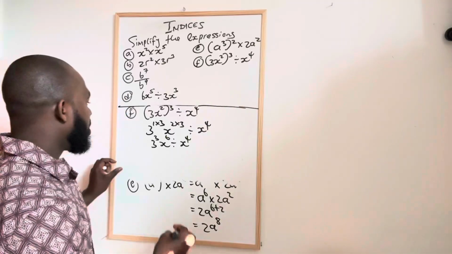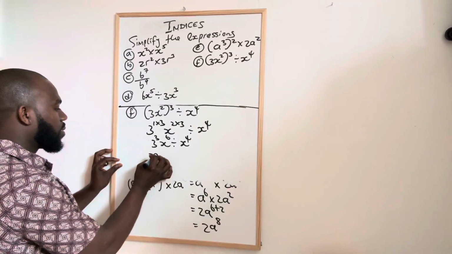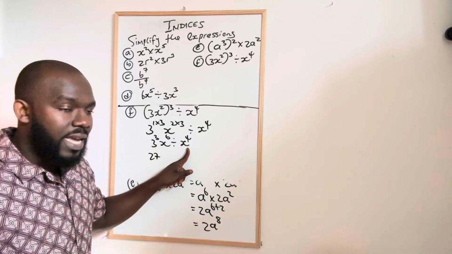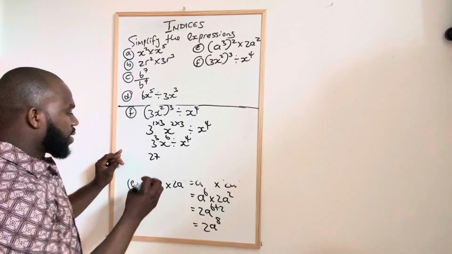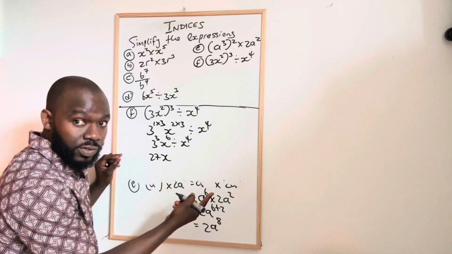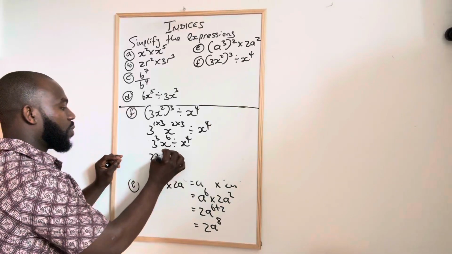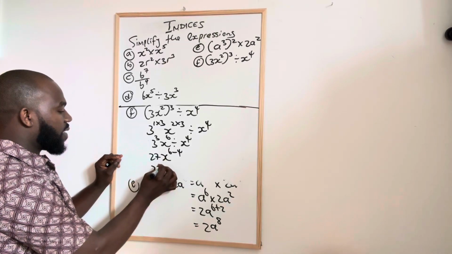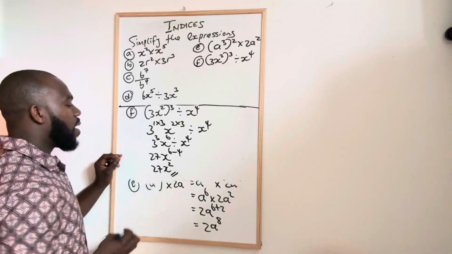And that's 27. So here it becomes 27. Now I have base x and I have base x. Pick one of the x. Because we are dividing, we're going to minus. So we're going to subtract the powers. So here becomes 6 minus 4. So automatically we're going to have 27x raised to the power of 2.